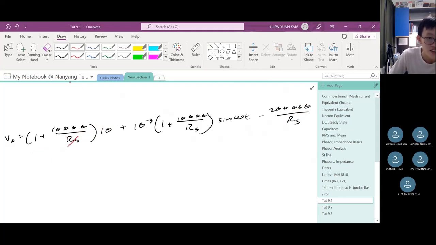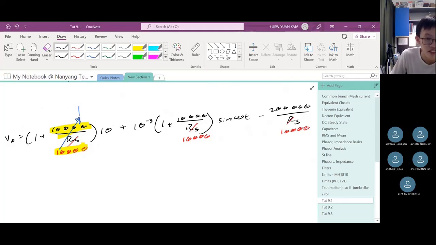So sub in this one, you get 10,000, right? Just now the RS that we solved is 10,000. This is 10,000, and this is 10,000, right? So this term is 10,000 divided by itself, so it becomes 1. This becomes 1, right? Then 1 plus 1 is 2.